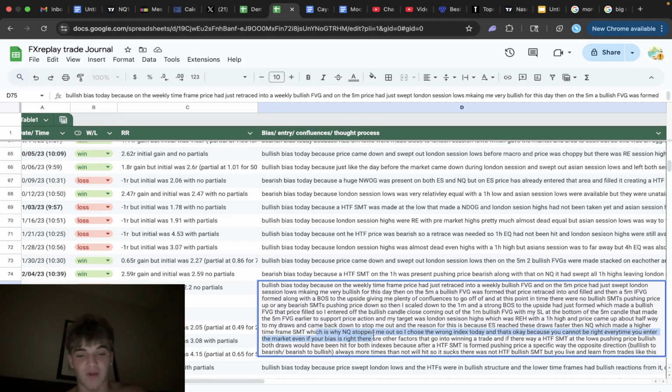Even if your bias is right, like today, my bias ended up being right, and price did end up reversing in my favor. Price did end up playing out in my favor, just not on the right index that I chose. This shows that there are other factors that go into winning a trade.